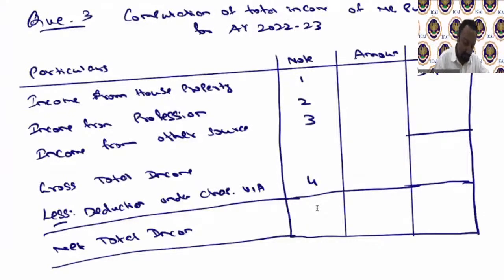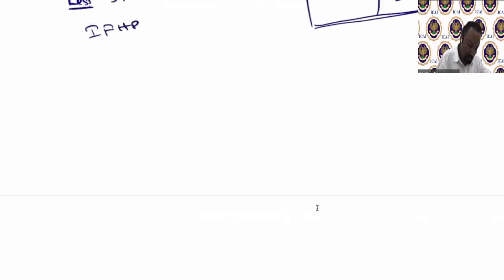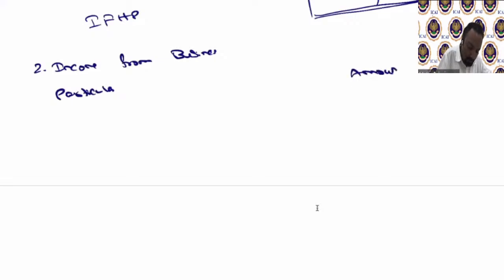Your business or profession. So you go to number 2. Income from business. Again you go to particulars. Here you need 2 amount columns because we spoke about 4 steps. So we need to have 2 amount columns.